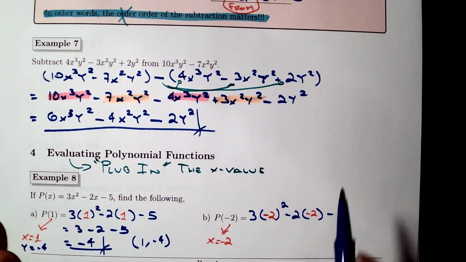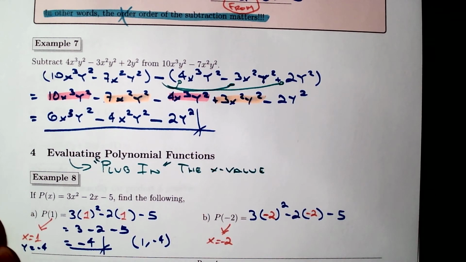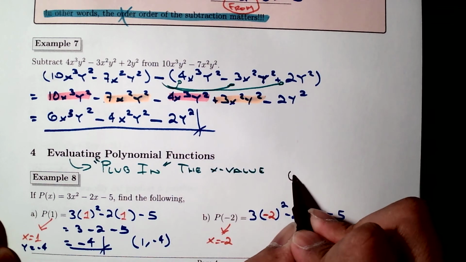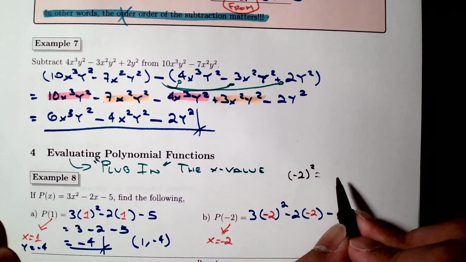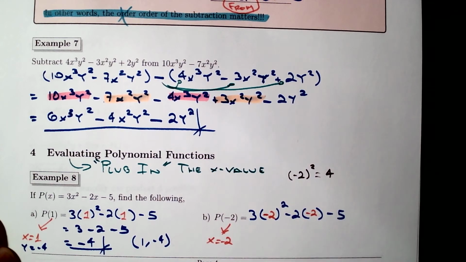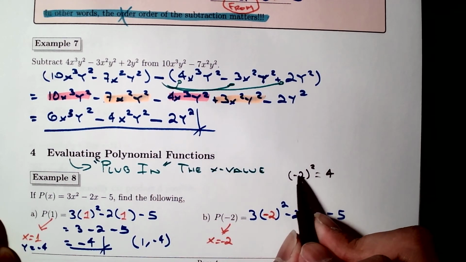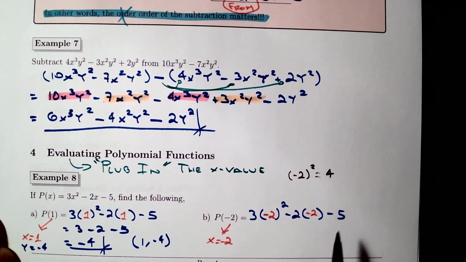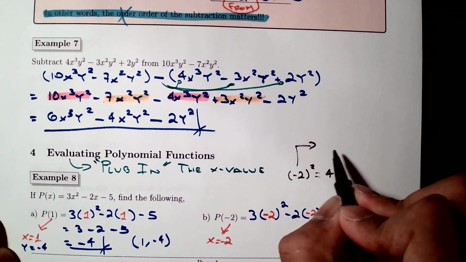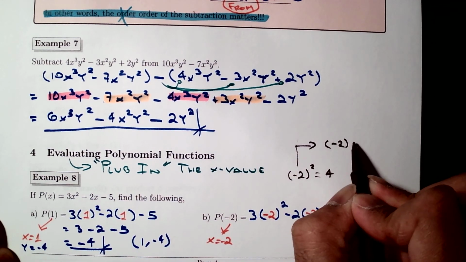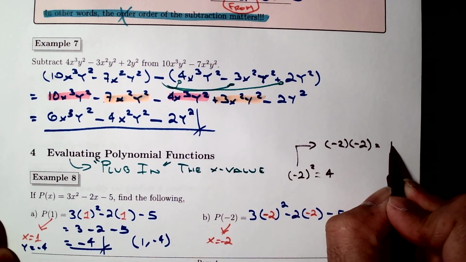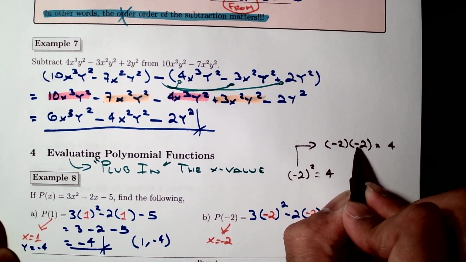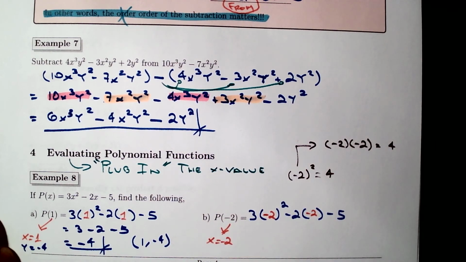Be careful here with this quantity right here. When we have negative 2 squared, that equals positive 4, right? Because a negative quantity squared becomes positive, because this is the same as saying negative 2 times itself. So 2 times 2 equals 4, and negative times a negative equals a positive.